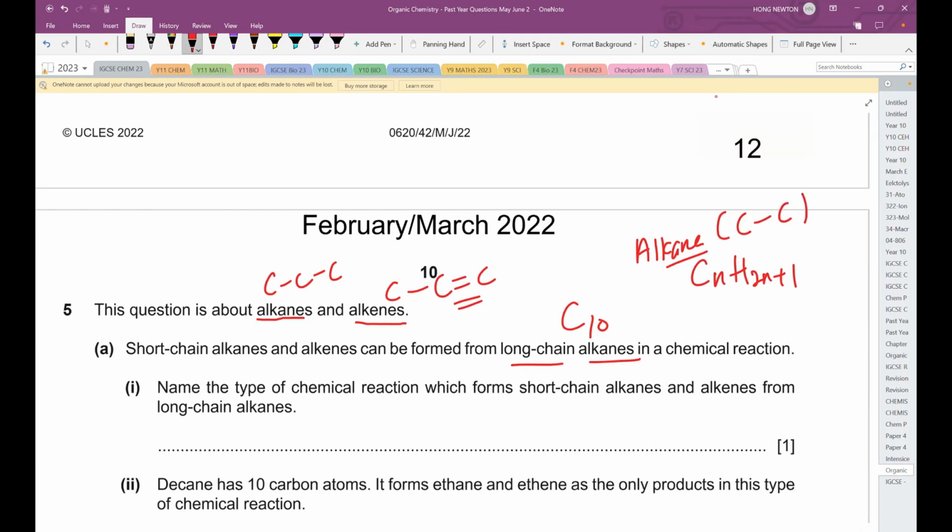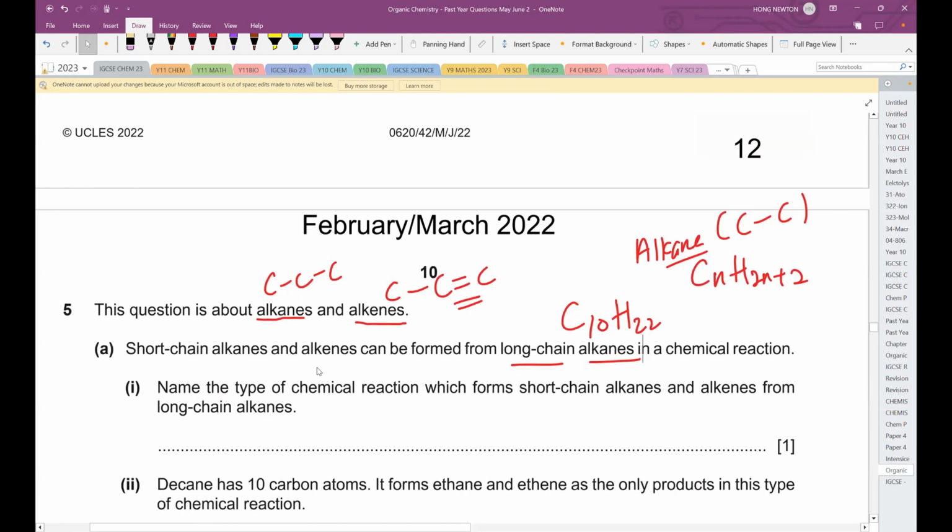If the carbon is 10, for a long chain, then the hydrogen is 2n plus 2, sorry, not plus 1. Plus 1 is alcohol already. So hydrogen should equal 22, and this is the so-called decane.